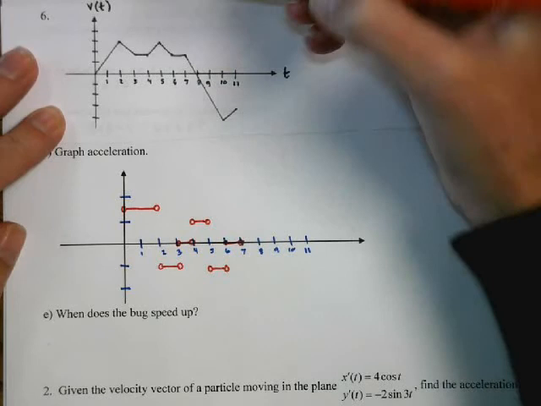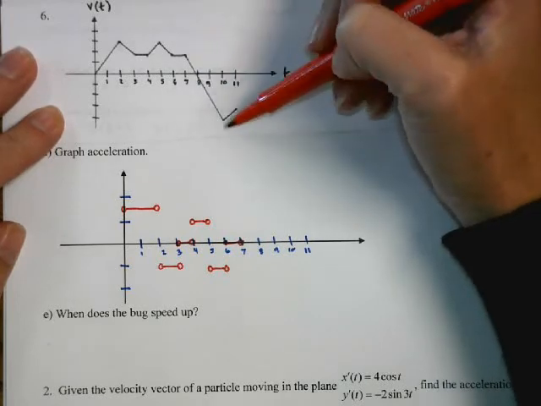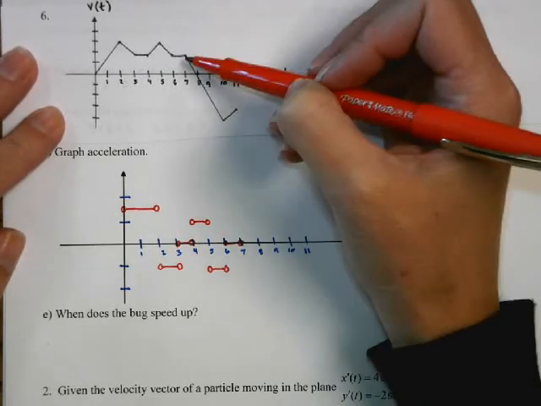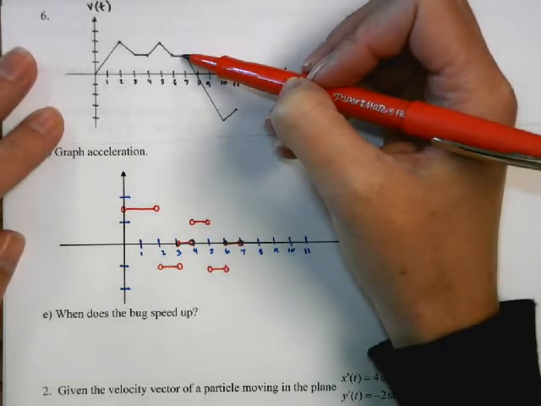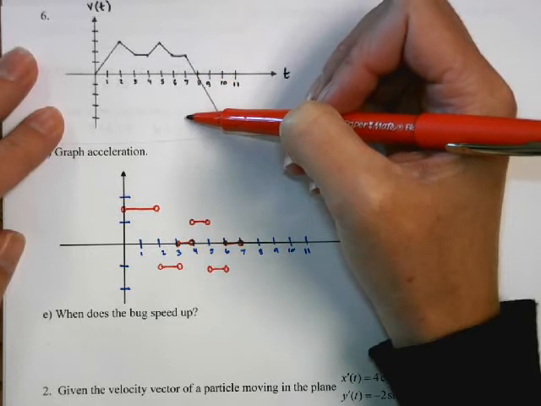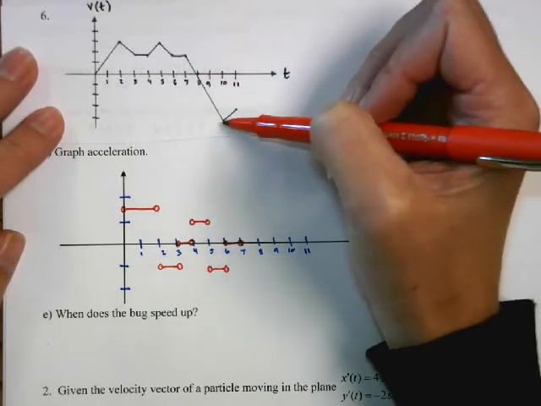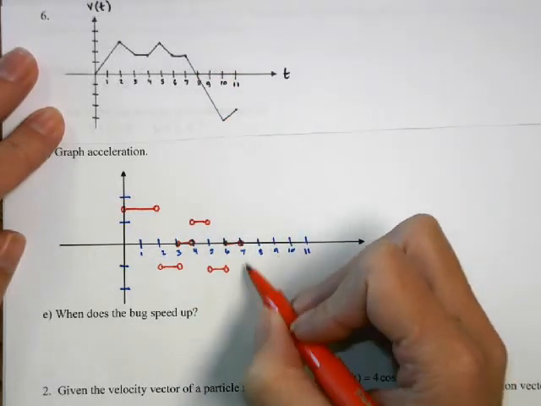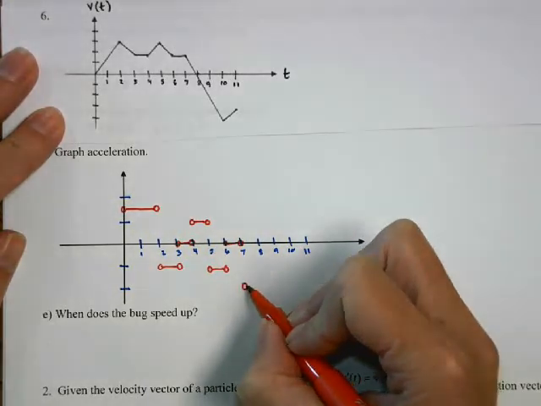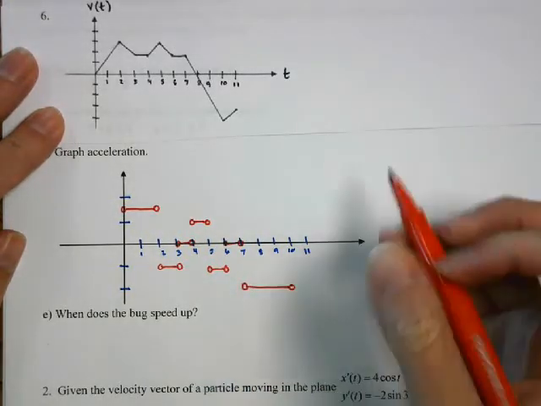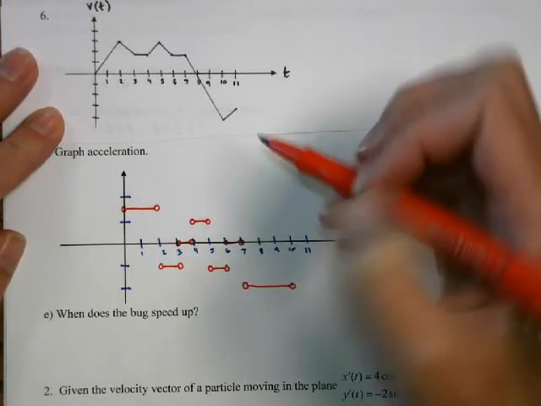From 7 all the way to 10, we go down 6 and we're going over 3, so that's going to be a -2 from 7 all the way to 10, and then from 10 to 11, up 1 over 1.